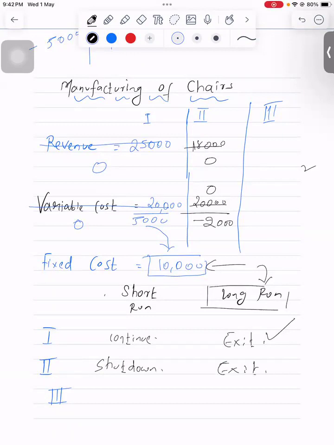Third situation, let's say revenue is 35,000. Variable cost 22,000, fixed cost 10,000. Now, what should be the decision, both in long run as well as in short run? What firm should do?